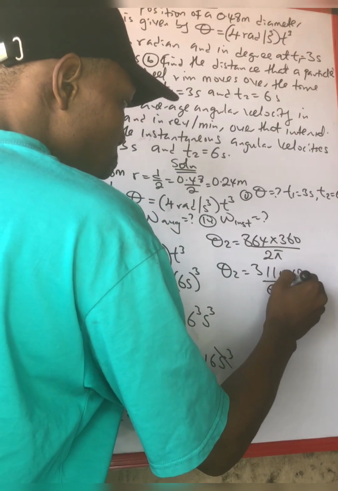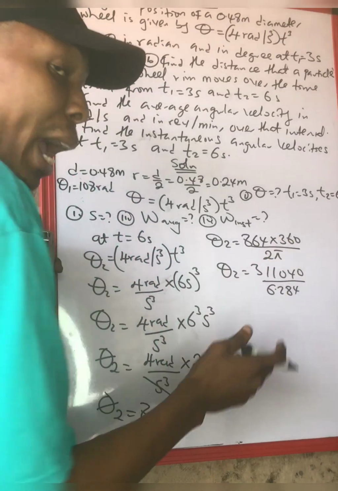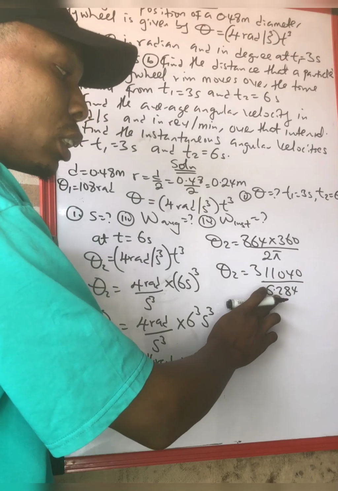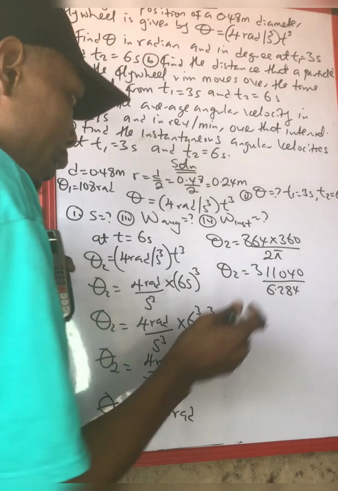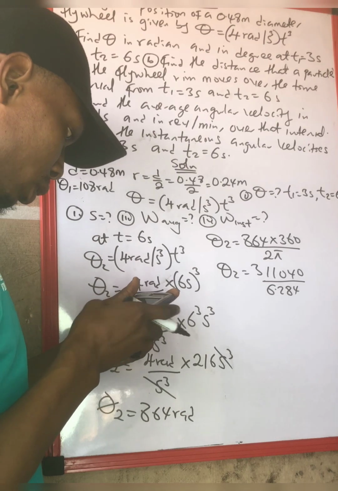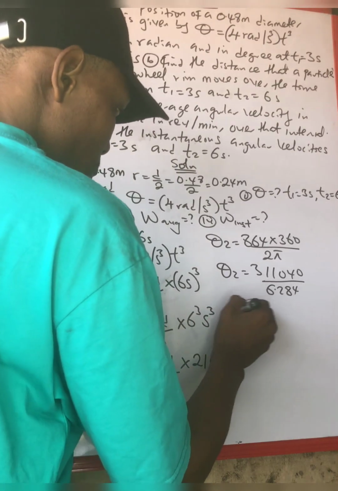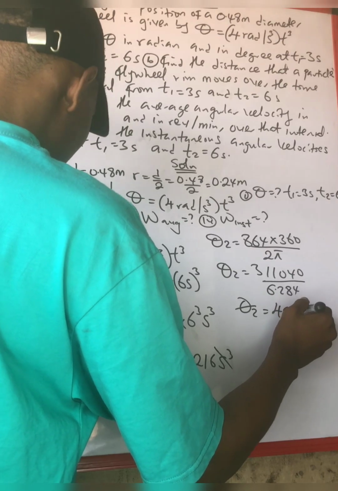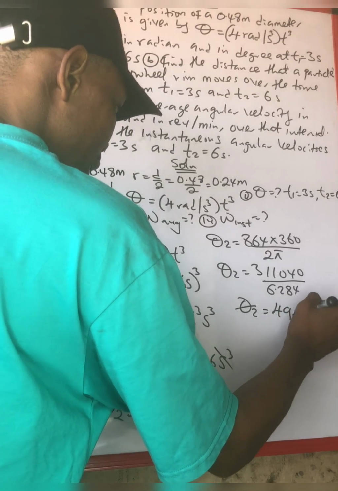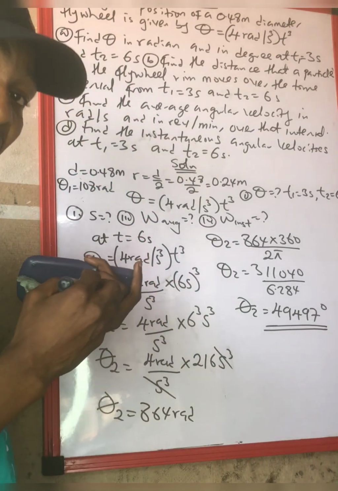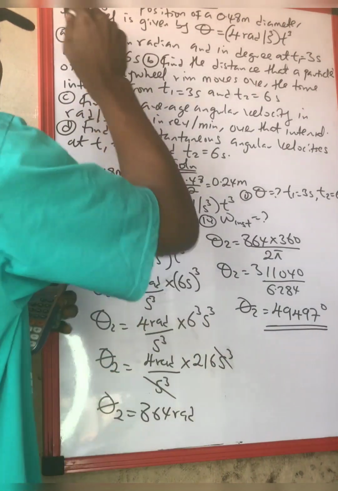Don't forget, pi is 3.142, so 2 times 3.142 gives us 6.284. So if we divide, our theta 2 is going to give us 49.7 degrees. So that is our answer for the number 1 question.